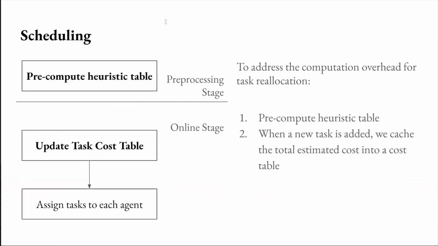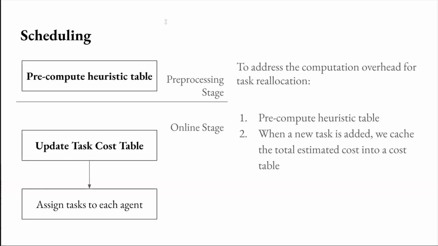Do you mean this cost table? Yeah. So in the online stage, you say you will cache the total estimated cost into a cost table. Are you trying to cache the actual cost after agents arrive at the location, or do you simply mean that you have some heuristic computation happening online and you will cache them when those costs are needed?